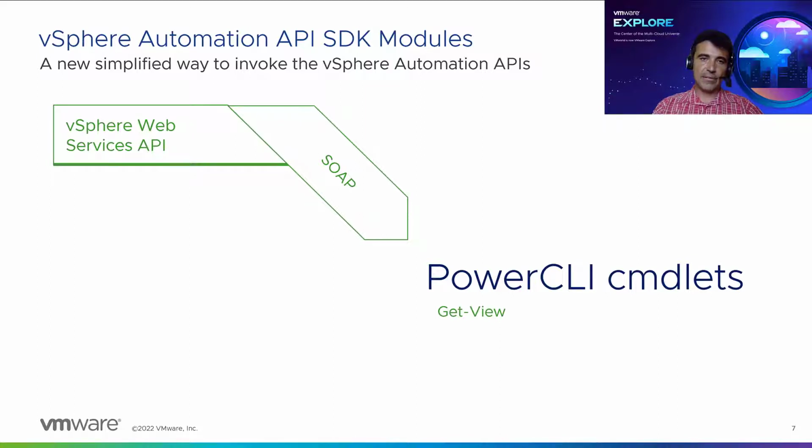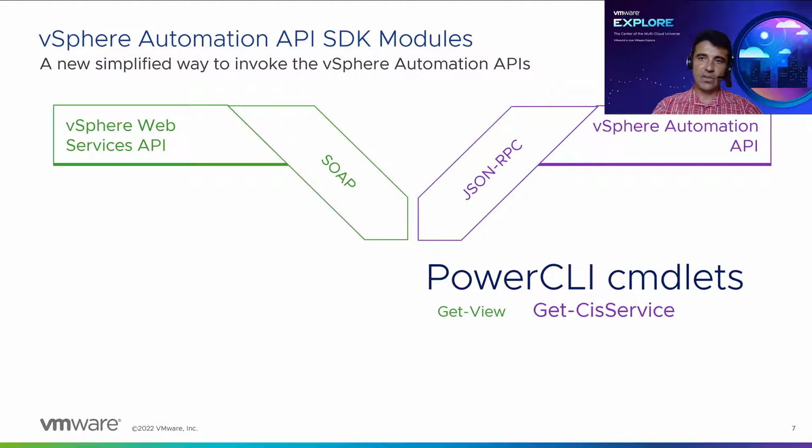First, we have the vSphere Web Services API, which are the old SOAP APIs for vSphere. These APIs you can access through the Get-View commandlet, and it returns you the API objects that you can browse through, and you can invoke different methods on and so on.